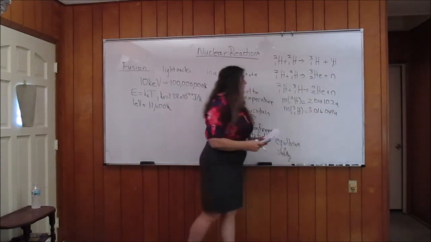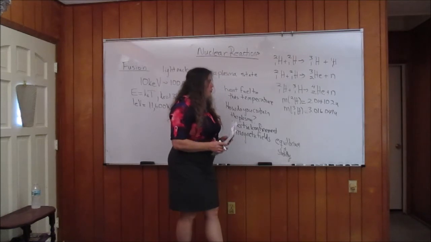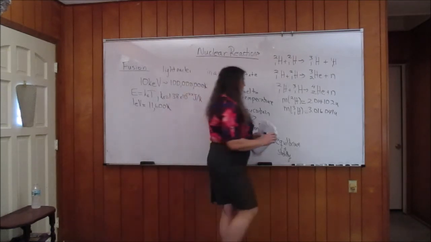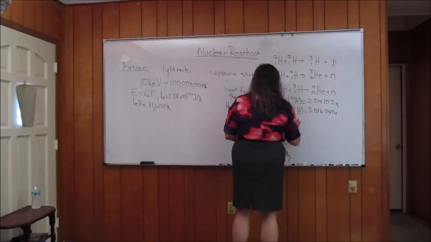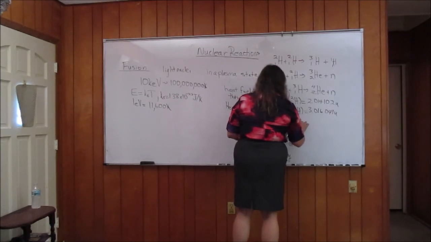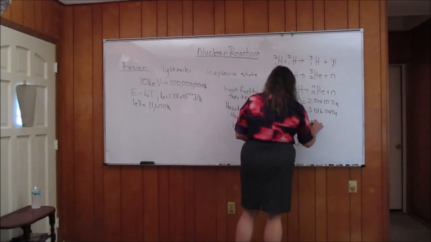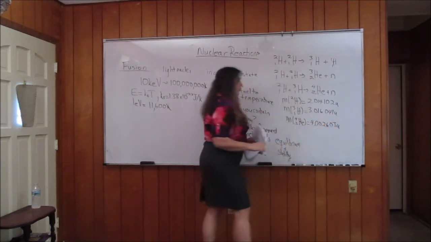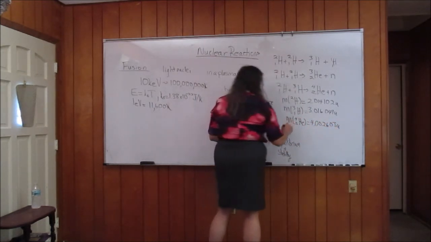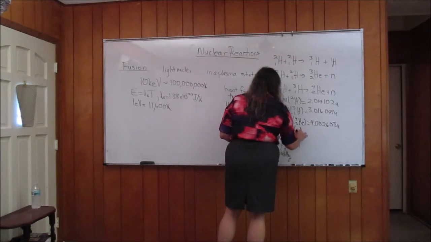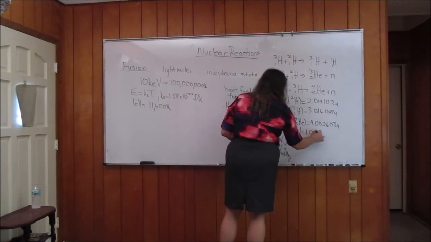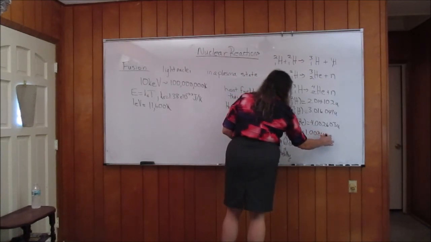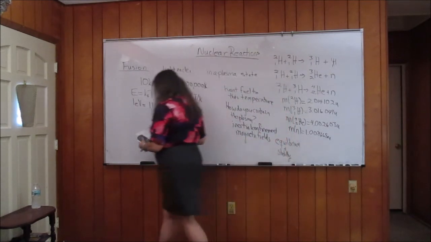The mass of a tritium atom is 3.016049 atomic mass units. The mass of a helium-4 atom is 4.002603, and finally, the mass of a neutron is 1.008665 atomic mass units.